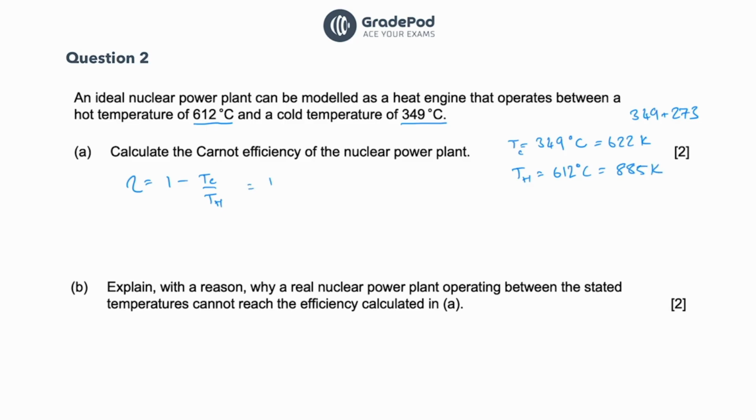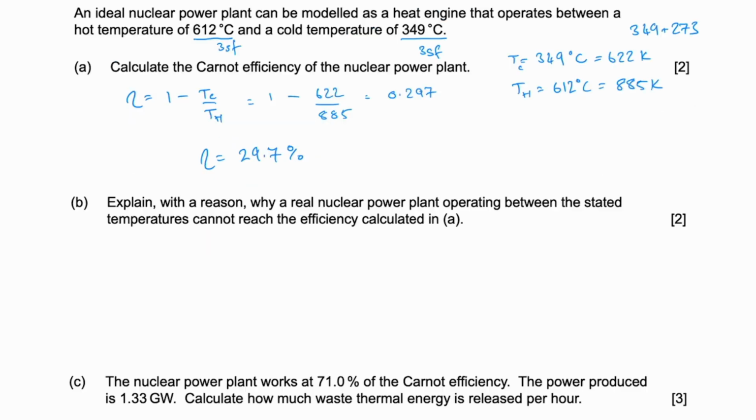So 1 minus 622 divided by 885 gives us a value of 0.297. So our efficiency is equal to 29.7%. Can we give it to 3 significant figures? Yes, well, the data is given to 3 significant figures, so our answer is fine to 3 significant figures.